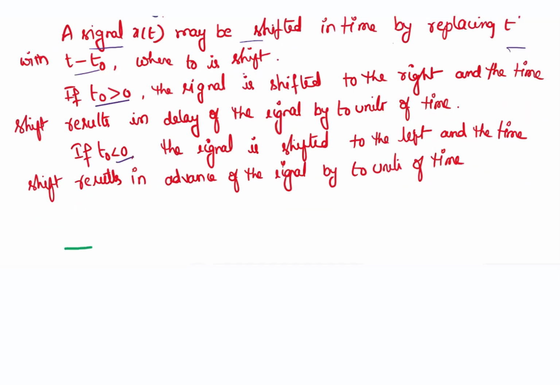Take this as your signal. On x-axis it is t and on y-axis it is x of t, and this is t equal to 0. Now if I want x of t minus t naught, and t naught is positive, the signal is like this.